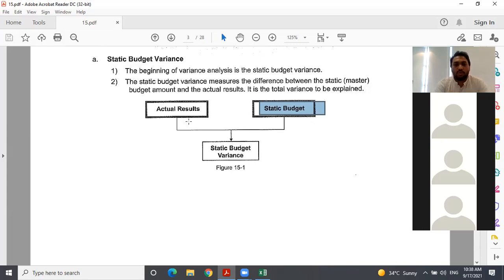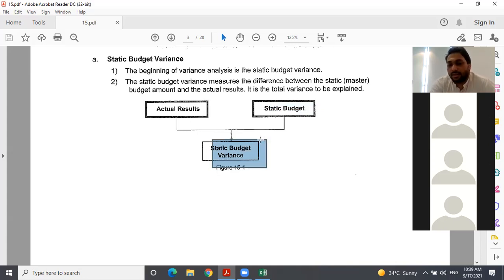For example, you have a monthly financial statement as well as the monthly budget. You compare your budget, that means P&L, balance sheet, and cash flows, with the actual results. Now you will get a variance, right? Because you compared the actual with the static budget. So this is the first step.